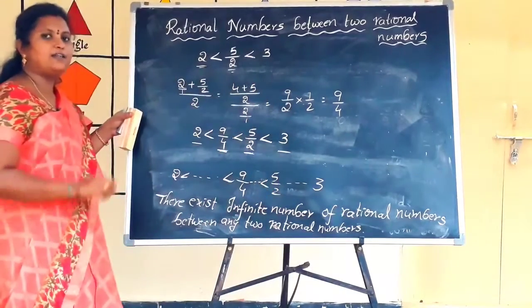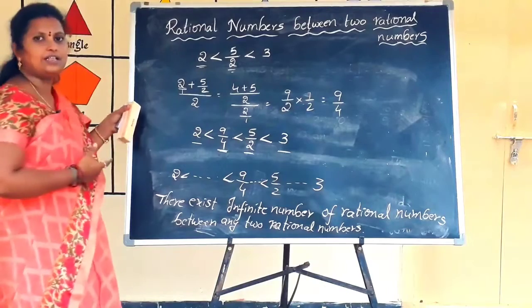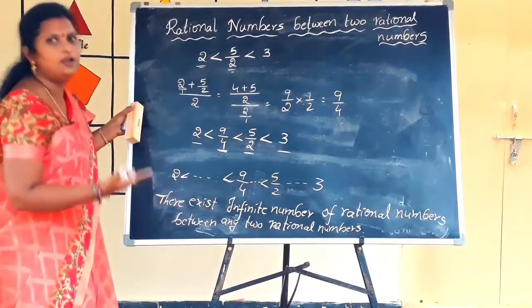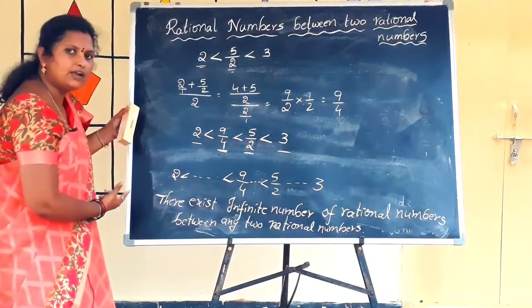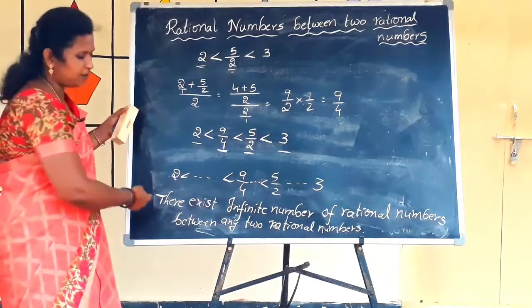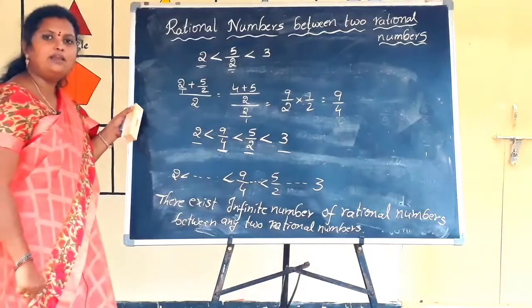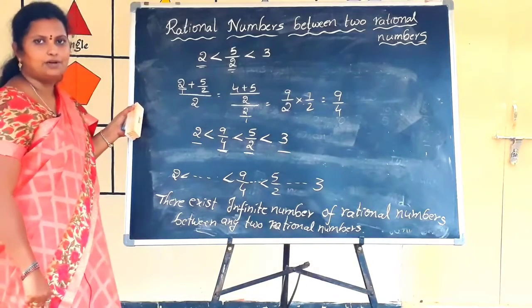So if they ask a blank like this, how many rational numbers are there between any two rational numbers? Now we can say that there exist infinite number of rational numbers in between any two rational numbers.